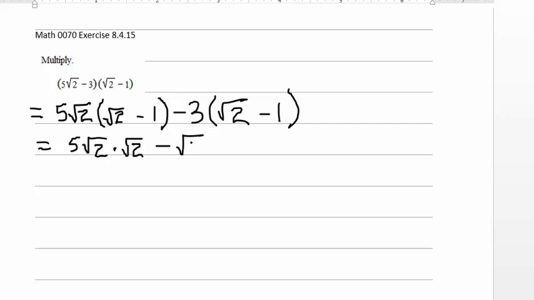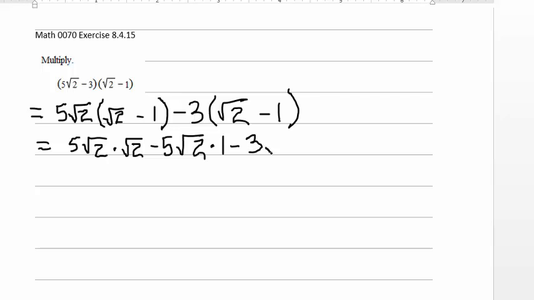And I can put this in any order. As long as I have one negative sign, I'll just put that in front. So here's the negative 1 being multiplied by the 5 square root of 2. And I can order that in whatever way I want.